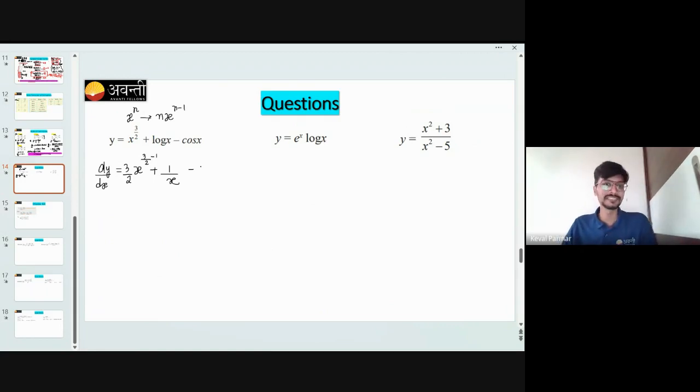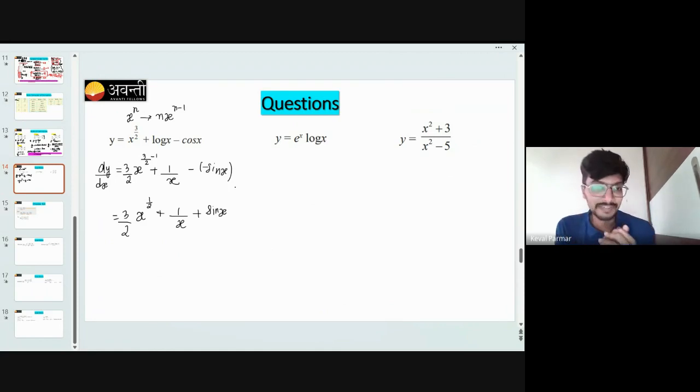It is a very simple mistake. This minus is of this, and the cos x derivative is minus sin x. So finally, we will get 3 upon 2 into x raised to 1 upon 2 plus 1 upon x, and again it will be minus minus plus sin x. I hope it is clear now. So dy by dx is this.